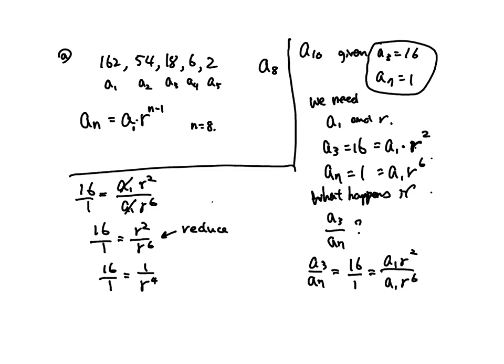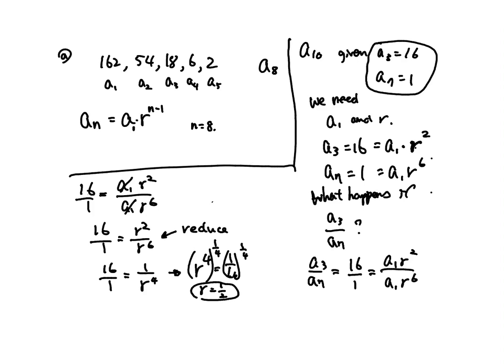So this means that r to the 4th power equals 1 over 16. Raise both sides to the 1/4 power, and you get r equal 1/2. Once we know r equals 1/2, then what can we do with that?